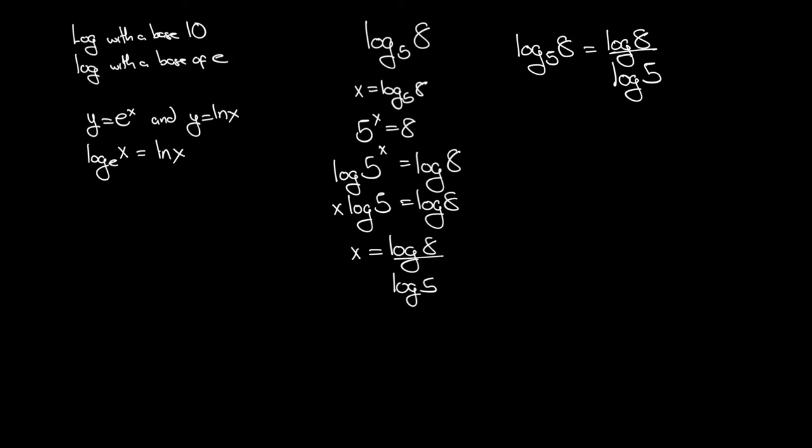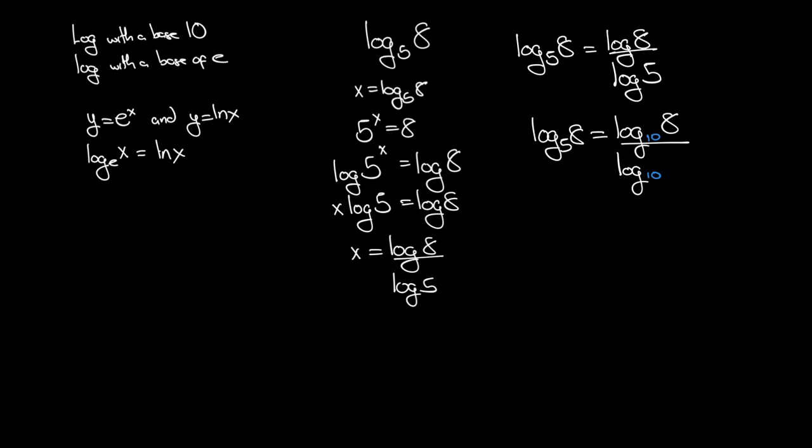So in this case, you can still change the base if you need to. Remember the rules though. I'm going to write it out again so you can see it a little better. The log base 5 of 8 is the same thing as the log base 10 of 8 divided by the log base 10, once again, of 5.